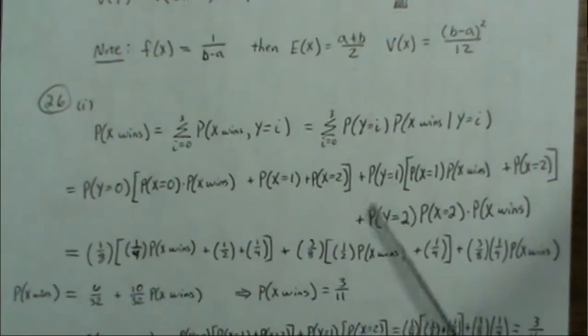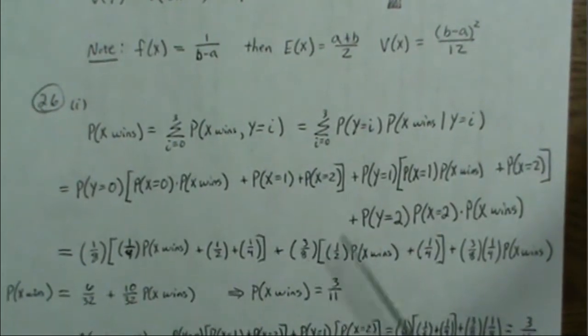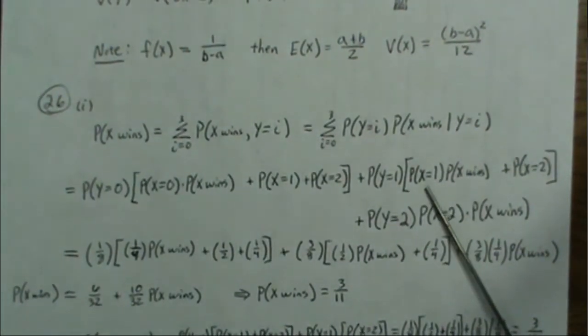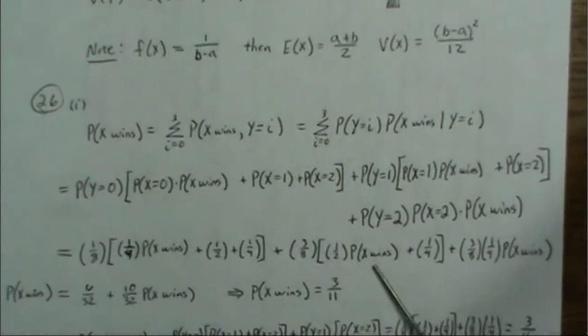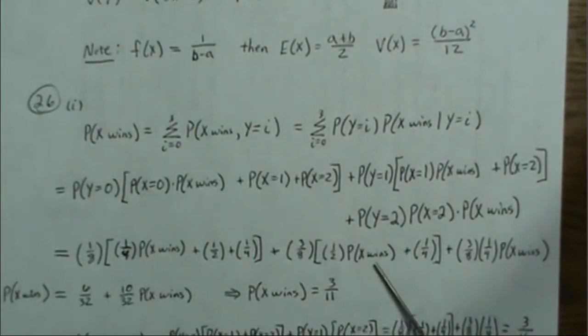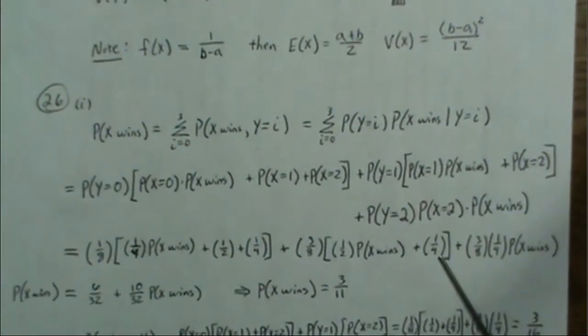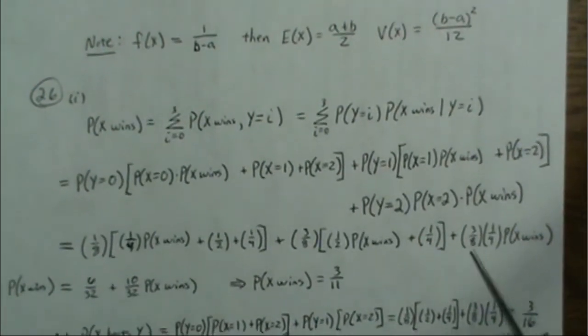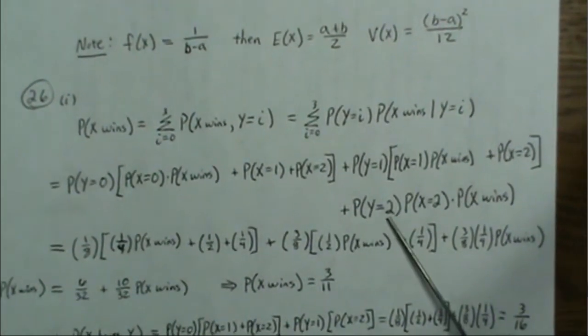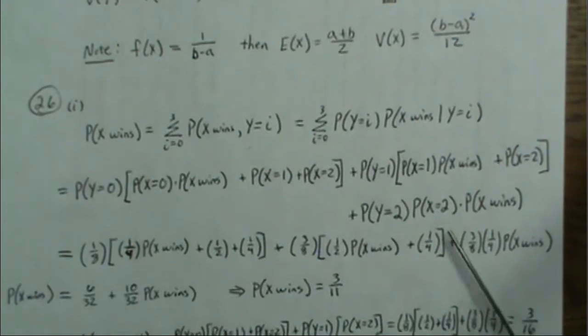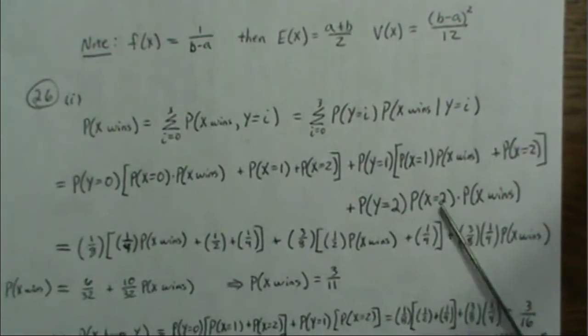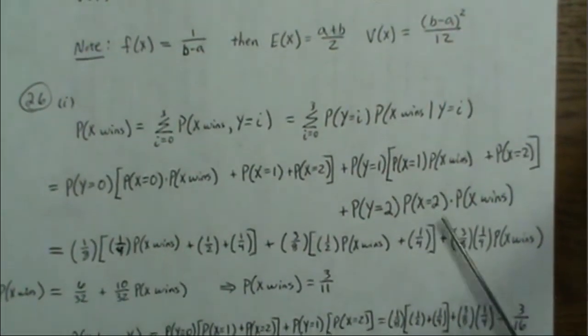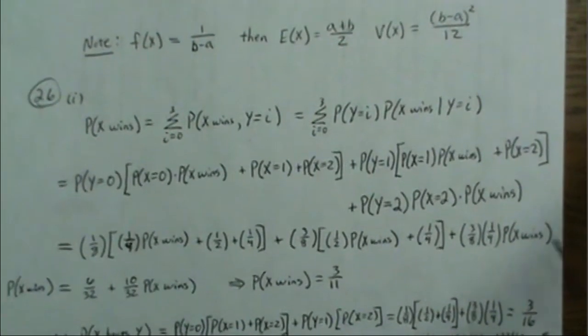The probability that Y is 1 is 3/8. The probability that X rolls a 1 is 1/2 times the probability that he wins, which we don't know. Probably he rolls a 2. And then for this piece, Y rolls a 2 is 3/8. The probability that X rolls a 2 is 1/4 times the probability that he wins.